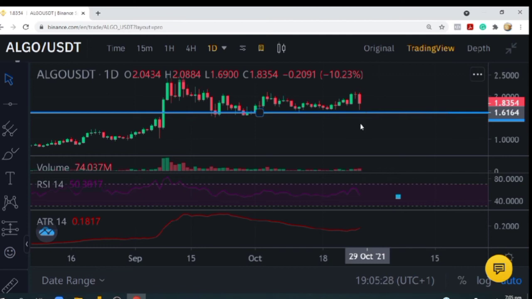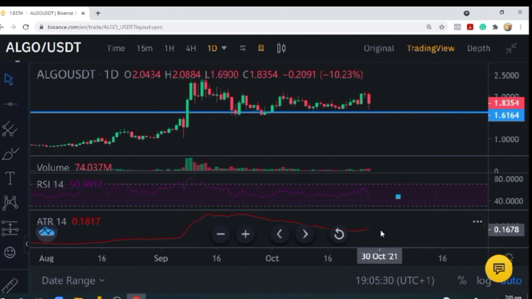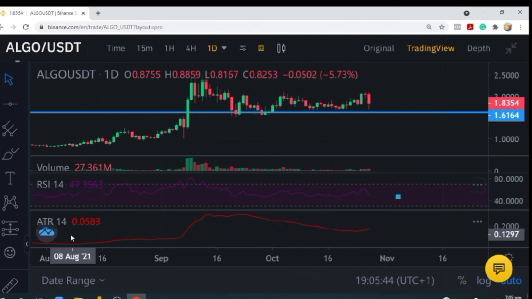Okay, 1.6. And what is the value of the ATR here? The ATR here is telling us the average true range of algo, that is by how much algo can change in a day. Let me set this to 1 day.